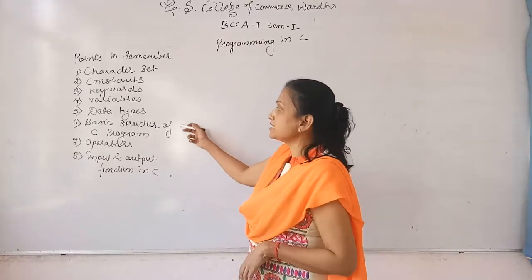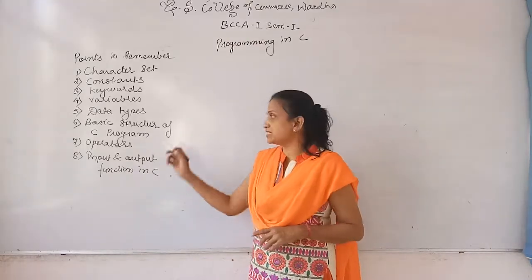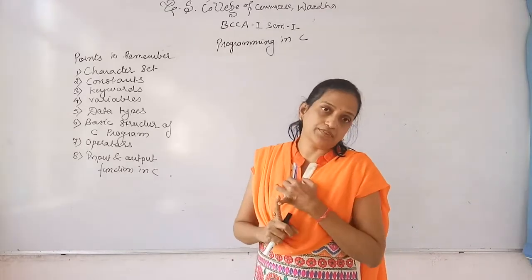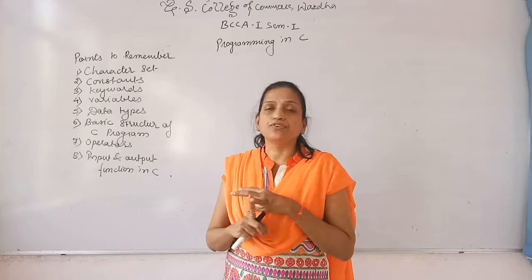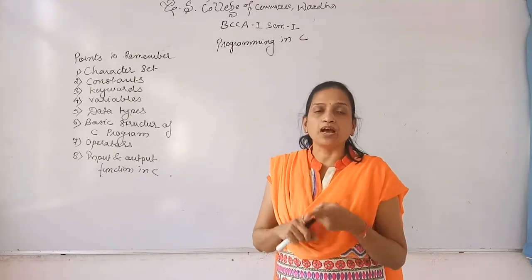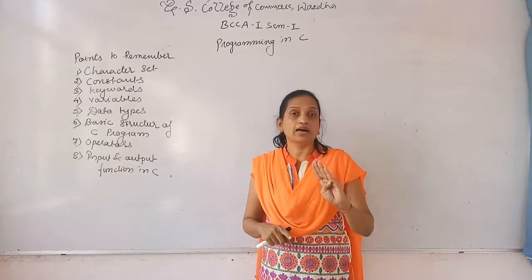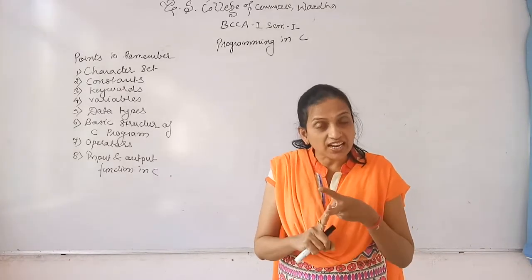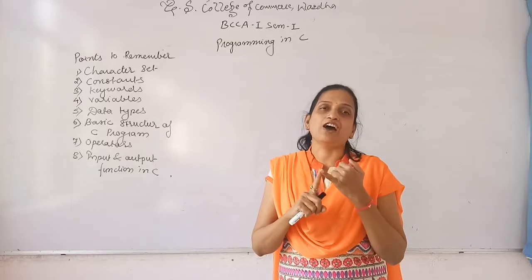The next is the basic structure of a C program. In the basic structure, I already told you that the first line is the comment line, the second is the link section, and the third is the main program. In the main program you must have 4 parts: declaration, initialization, processing and output.